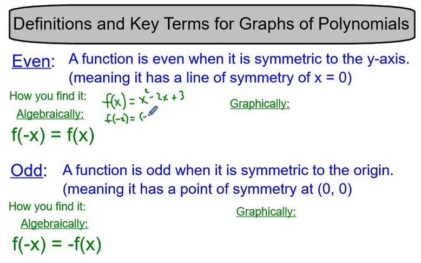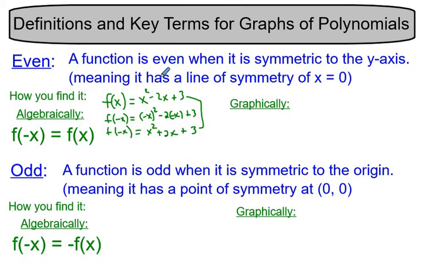You have to actually look at this happening and see if the function will return the original function by plugging in a negative x value. So f of negative x is going to come out to x squared positive now, because a negative times a negative is a positive, minus 2x plus 3. But that negative there, because we have to plug a negative x into both, would make that a positive. So these don't match. So that's actually a neither.